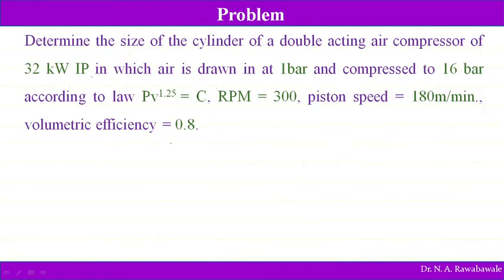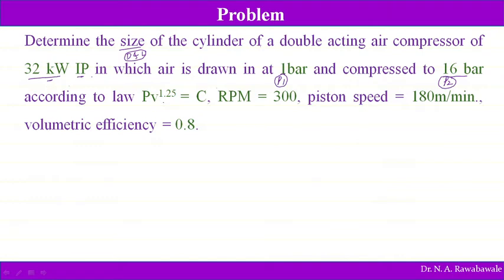The very first numerical is: determine the size of the cylinder of a double acting air compressor. Size means we have to find the diameter and stroke length of an air compressor of 32 kilowatt indicated power, in which air is drawn at 1 bar, so pressure P1 is 1 bar, and compressed to 16 bar, so pressure P2 is 16 bar.